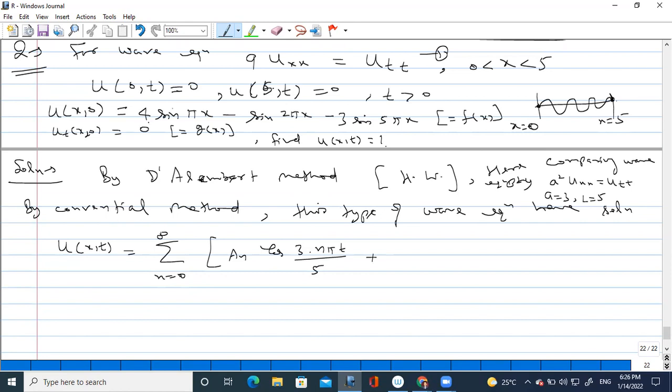Because Bn will go to 0, because g(x) value is 0. So g(x) value only gives me Bn. So Bn I will not take, because g(x) value is 0. So Bn also will be 0. So I am not using that.